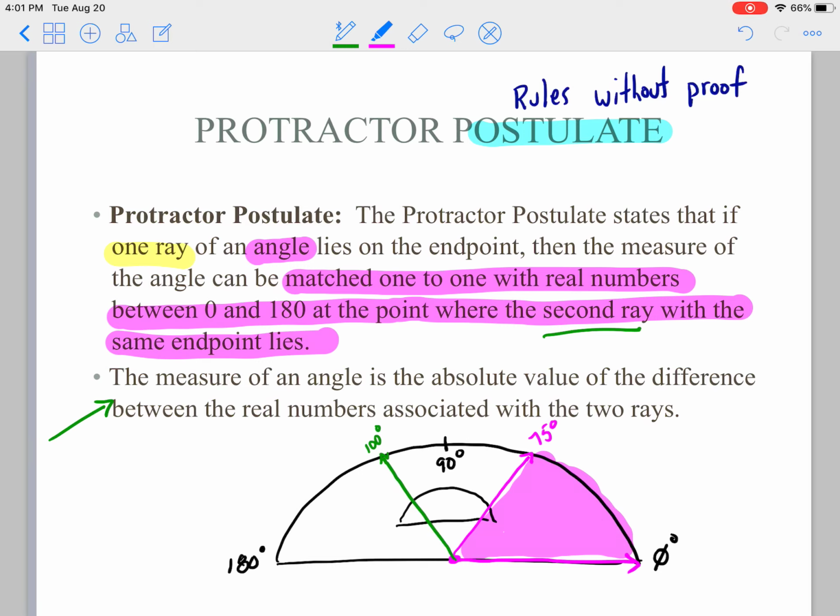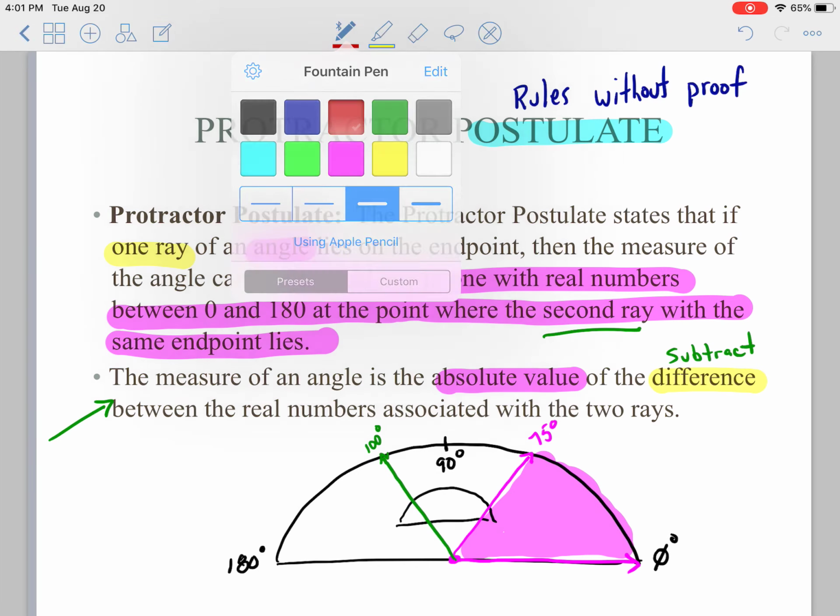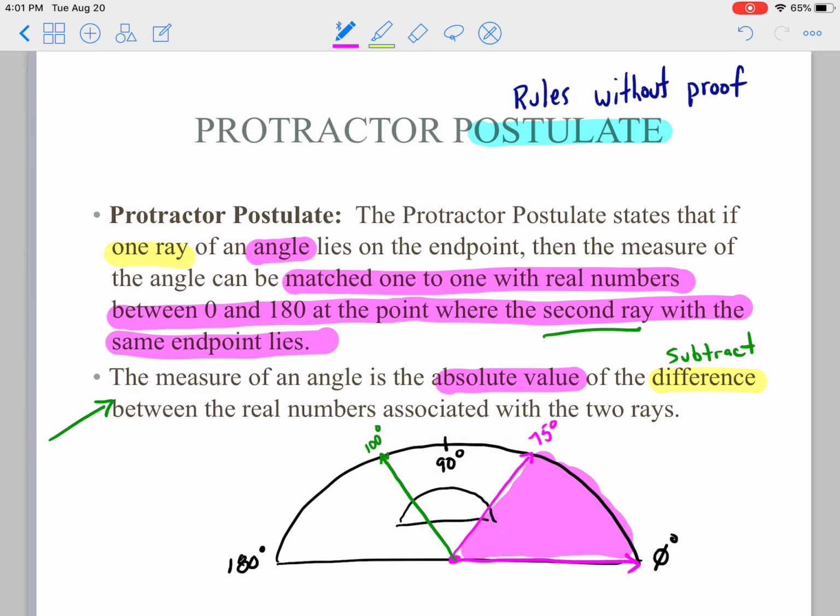by taking the absolute value of the difference. When I have difference, I know that I am going to subtract. So if I subtract 75 minus 0, I know that my angle measure is 75 degrees.